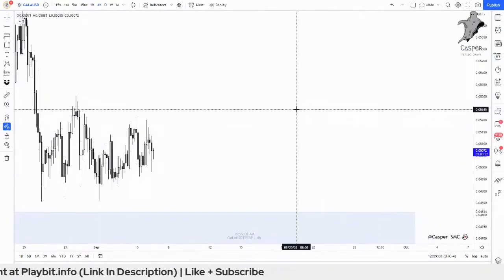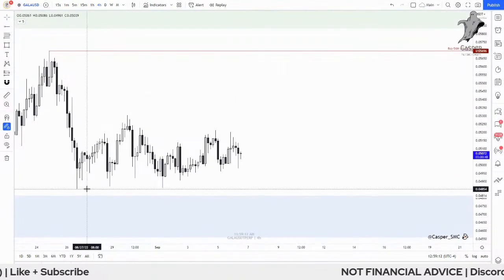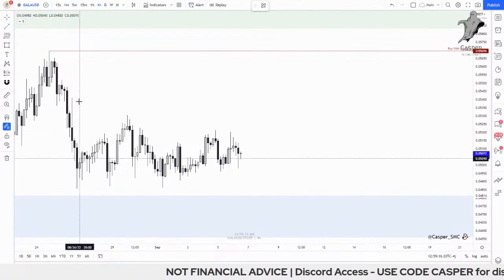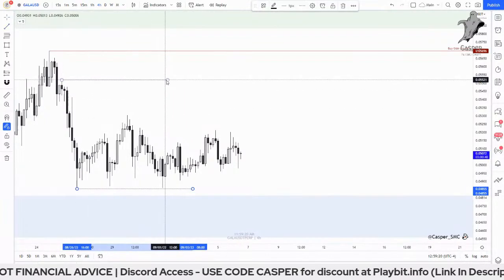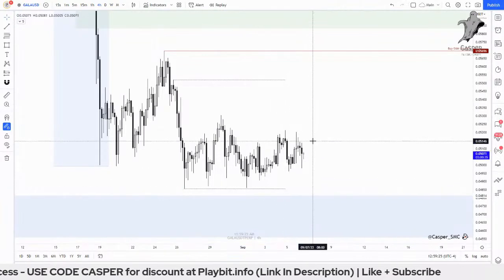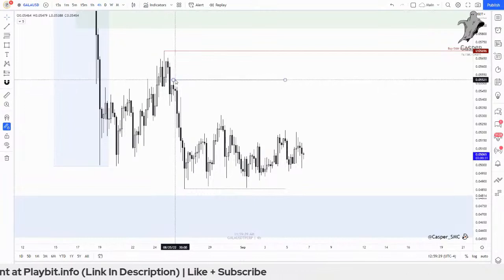Not to say here we look bad, but the only problem I have with Gala, and Bitcoin's even a little bit better than this, is that this is really your swing or your internal range, which is very wide. What I mean by that is for the 4-hour to be bullish on a simple market structure level, we'd have to come up all the way above here.